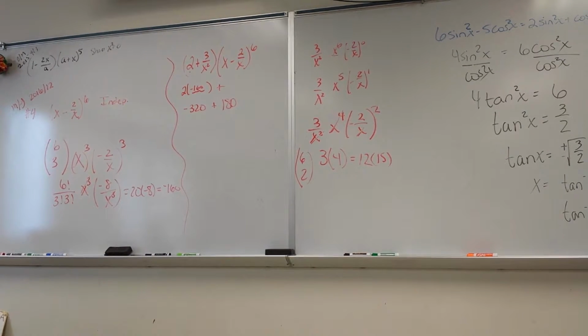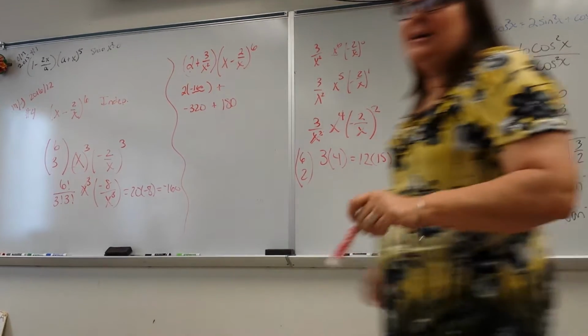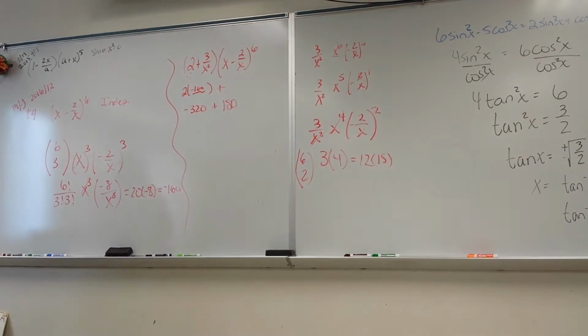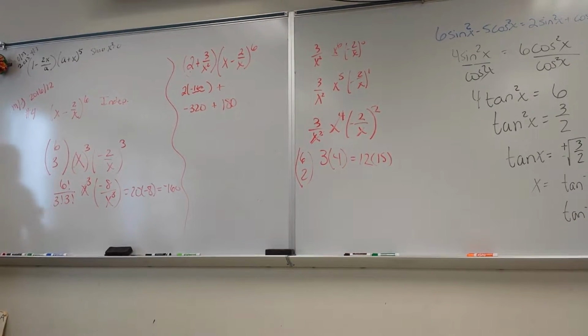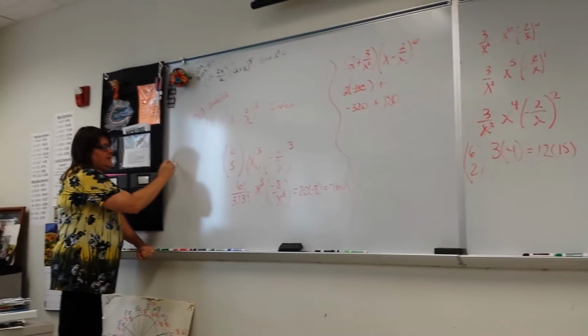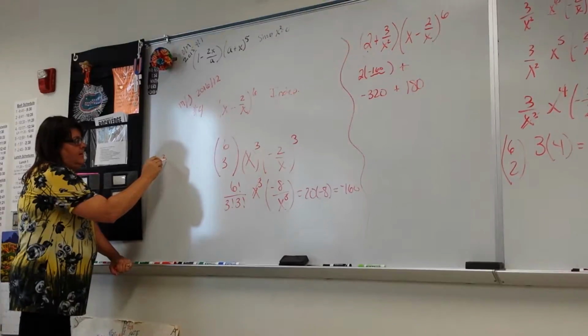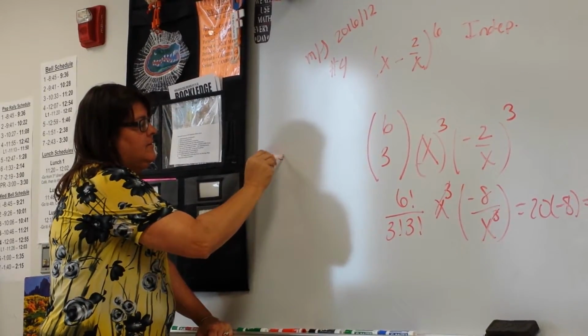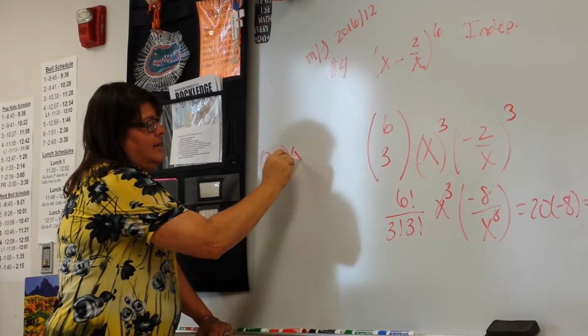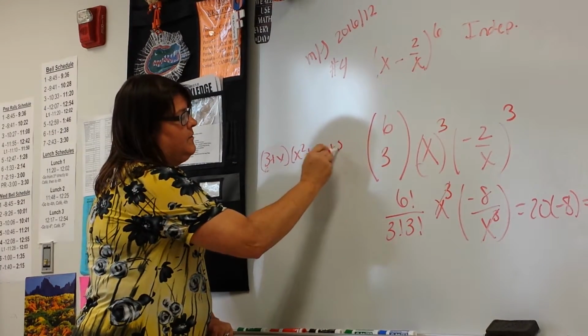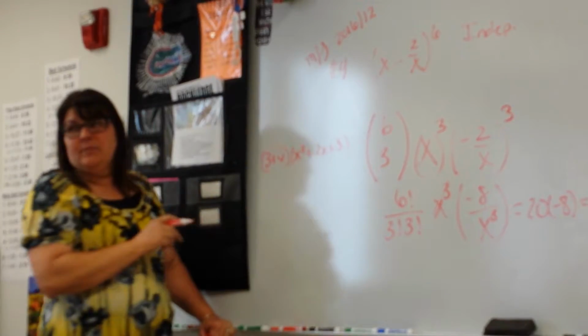Why isn't it times 180? Why is it plus 180? Because what's happening, let's talk about realistically, if I took 3 plus x times x squared plus 2x plus 3, what happens when we do that?